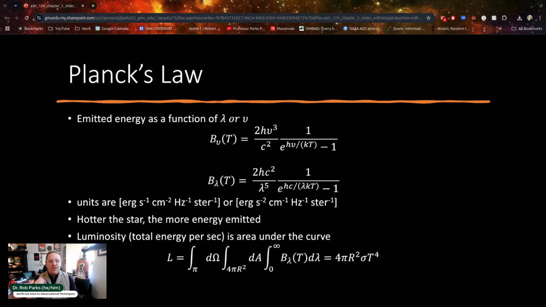But to note here, you might be wondering, what is an erg? Well, an erg is a unit of measure for energy in the CGS unit system. If you have taken physics, you're more than likely familiar with the MKS system, which is meters, kilograms, and seconds. So those are the base fundamental units of distance, weight, and time.